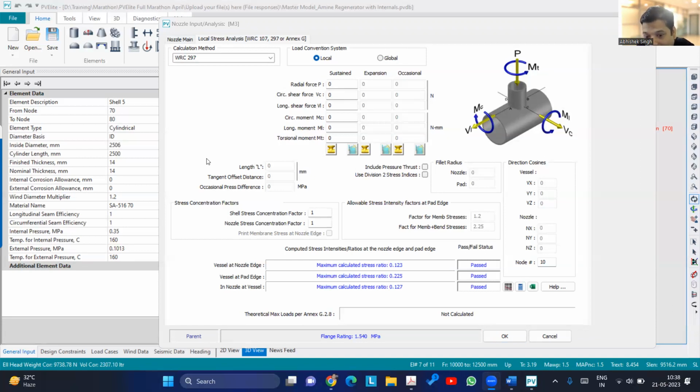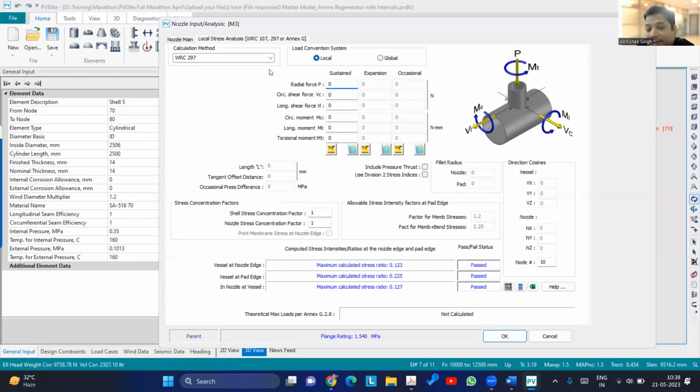These are the values they have given at the flange. If I'm giving the inputs, these inputs will be considered by the software as the forces and moments at the flange face. At the flange face? Yes. Why do you conclude like that?